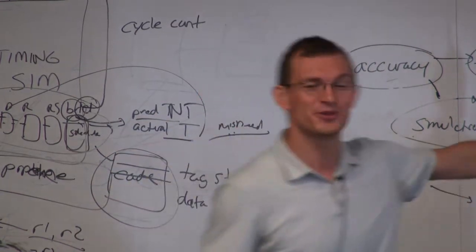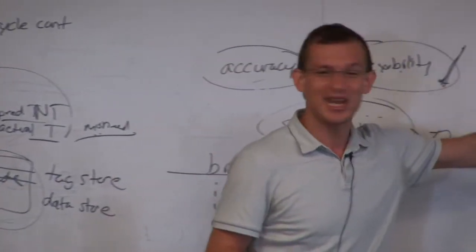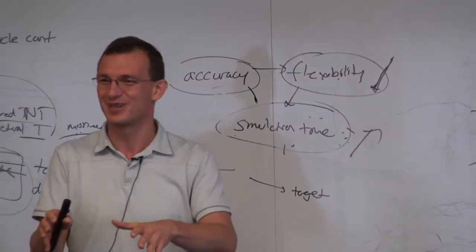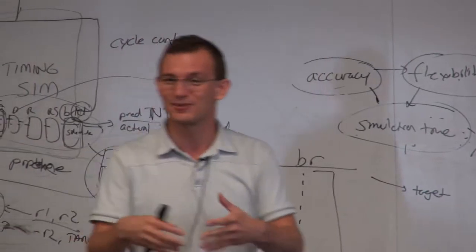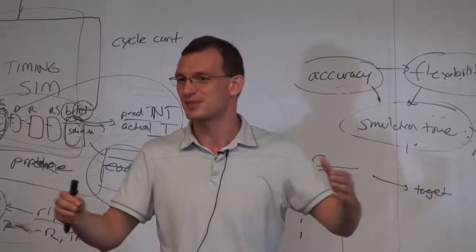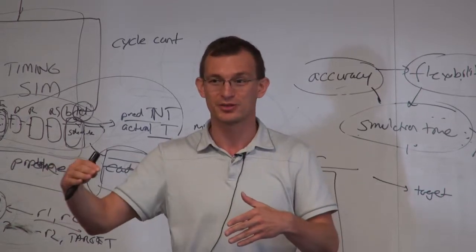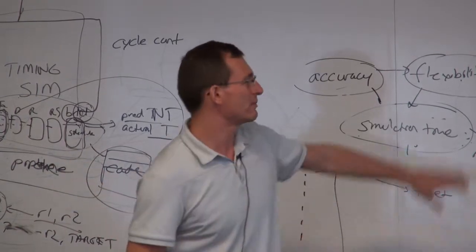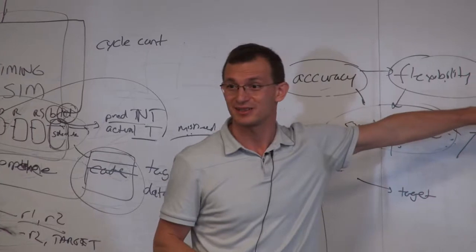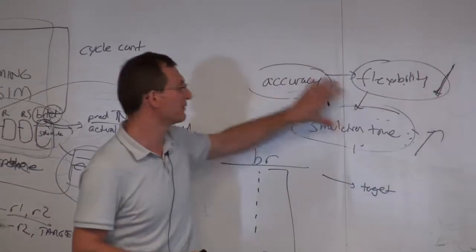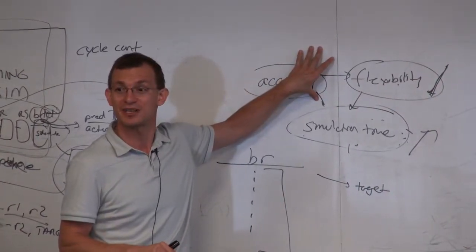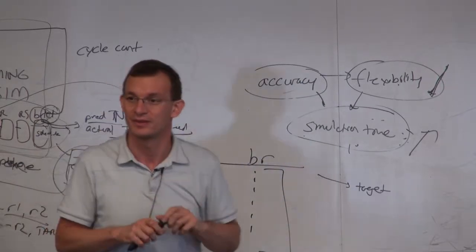If you're proposing an optimization that changes refresh, you probably want to model refresh. But if you're evaluating an optimization where refresh really doesn't matter, it looks like noise, then you might want to not model it, right? So it's important to be careful about what to model and what not to model, depending on what you're changing in the system.